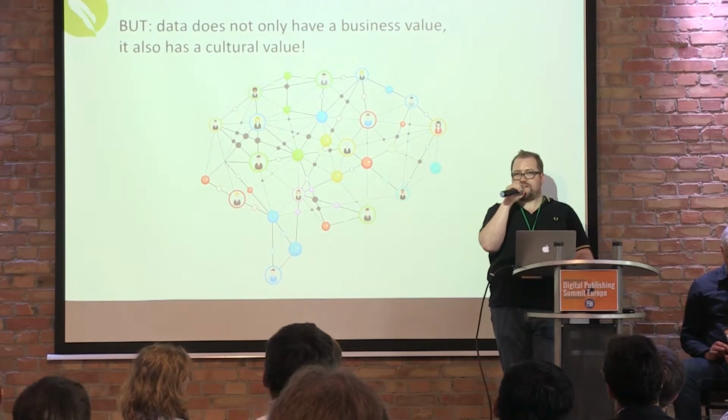But we also do get data from the social network. So all that talking about books, all that hints, all that relates to books, which means we get a lot of context. And this is important, not only because most of the traditional publishers or business people just think of a business value of that data.